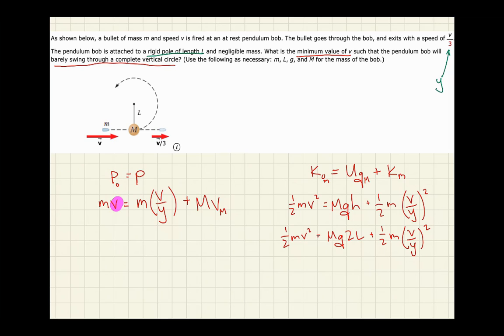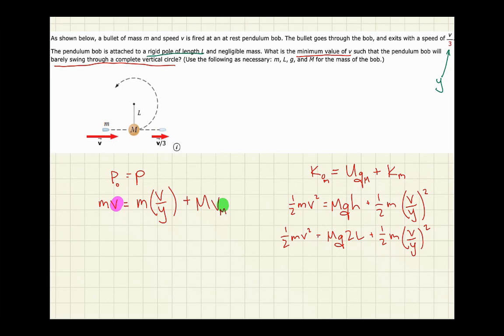And so what I'm looking for here is to solve for my little v, and in order to do that, I'm going to need to look at the velocity of big M. I'm going to need to find an expression here to substitute in so that I can then solve for lowercase v.